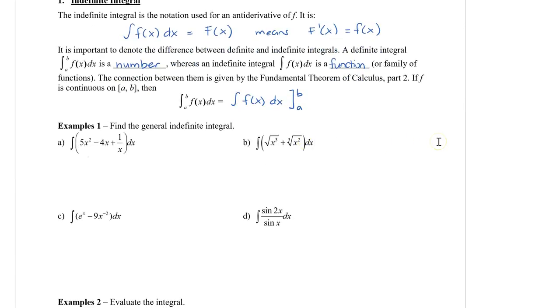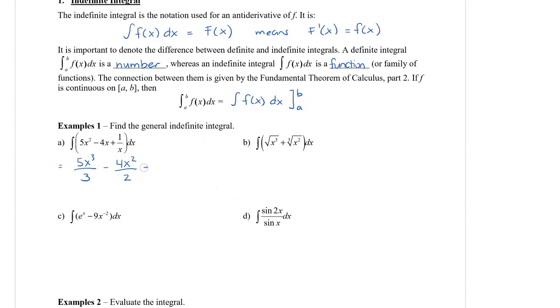So we have the integral here of the first one, and we're going to rewrite this as 5x cubed over 3. So remember, we add 1 to the exponent, minus 4x squared over 2. And if you recall, what function do we take the derivative of to get 1 over x?